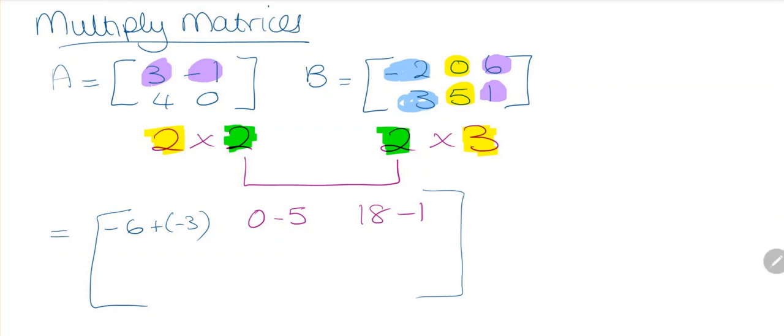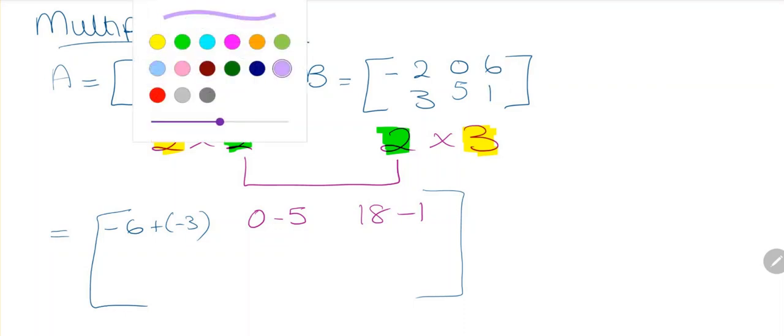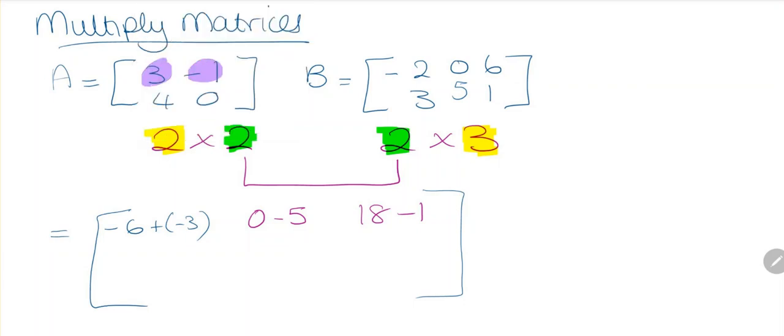Okay, so now on the bottom, so 4 times minus 2. So this is going to be minus 8. And we've got 0 times 3. So this is 0. Then we're going to look at the next term.